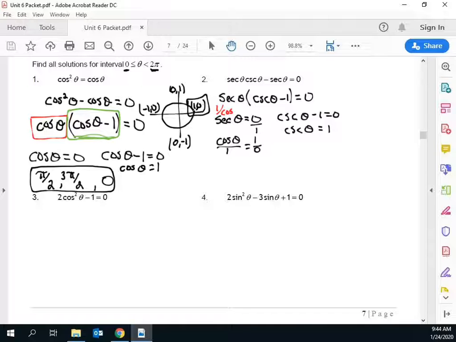What's wrong with this? 0 on the denominator. What does that tell us? Undefined. So guess what? There's no solution for that particular side of it. That one's gone. That doesn't exist. In other words, there is no angle that secant equals 0 at.